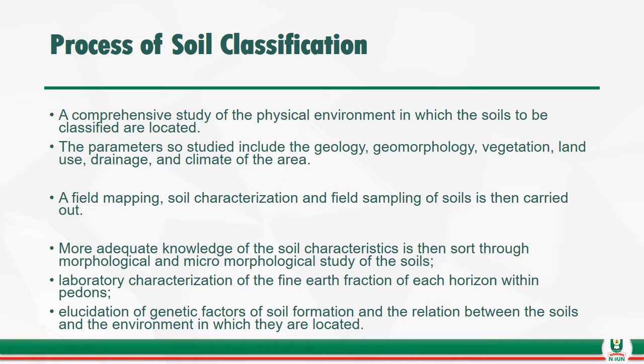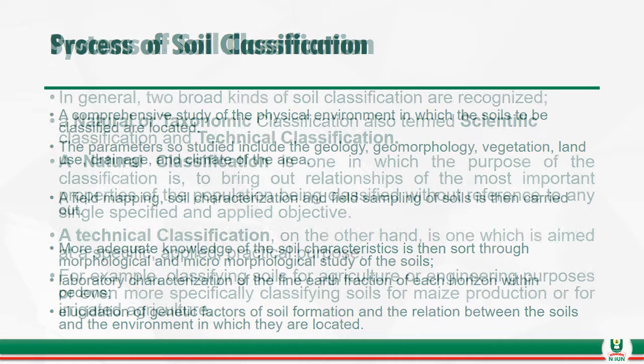More adequate knowledge of the soil characteristics is then sought through morphological and micromorphological studies of soil. Laboratory characterization of fine earth fractions of each horizon within the pedons. Elucidation of genetic factors of soil formation and the relationship between soils and the environment in which they are located.